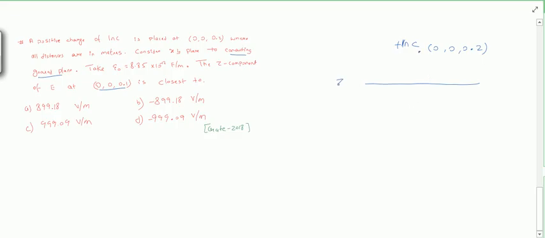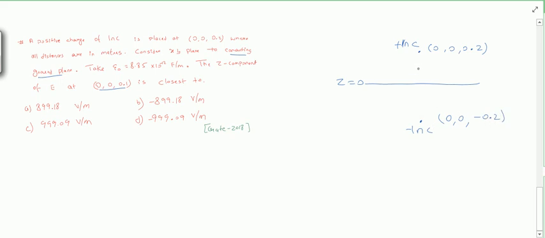The xy plane is the z equals 0 surface, and the image charge will be of minus 1 nanocoulomb at location (0, 0, -0.2), using image theory.